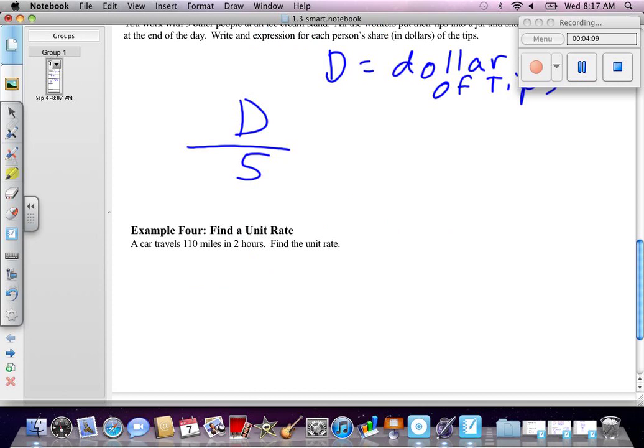We've got 110 miles. 2 goes into 110 how many times? 2 goes into 11 5 times with 1 left over. Bring it down. 2 goes into 10. So in 1 hour, we have traveled 55 miles.